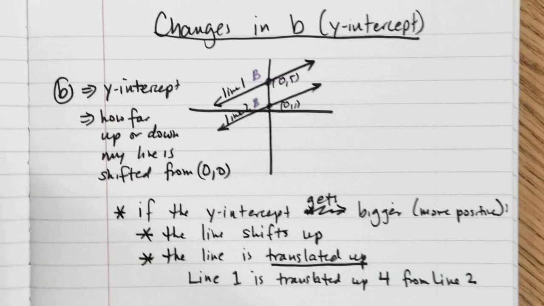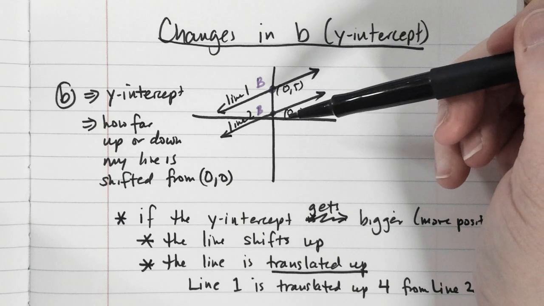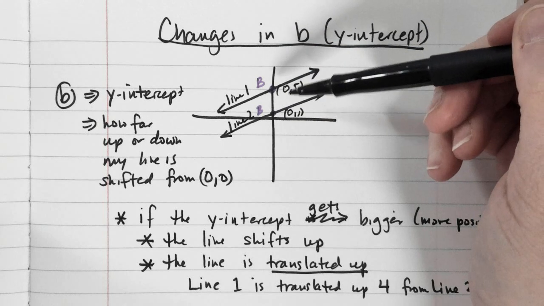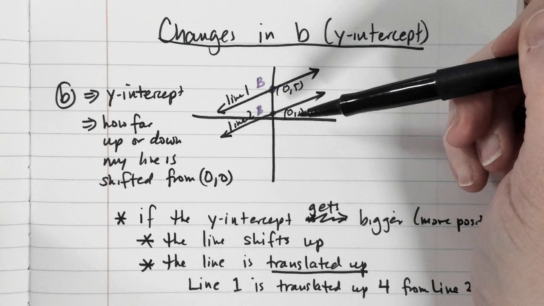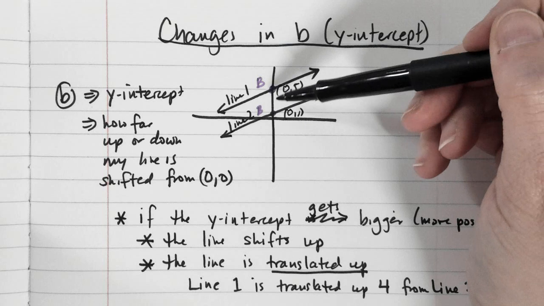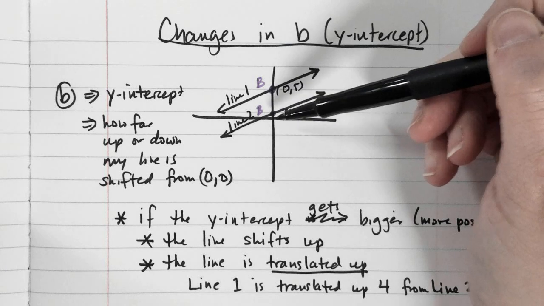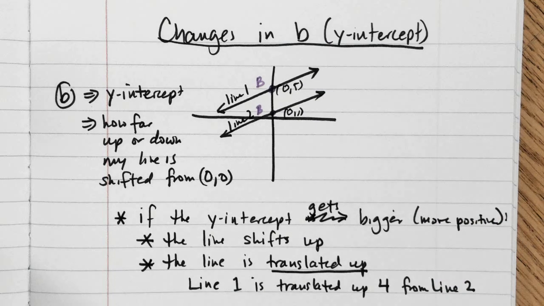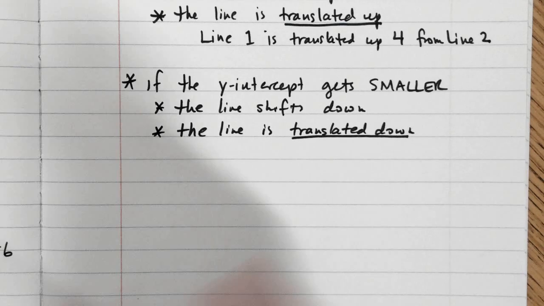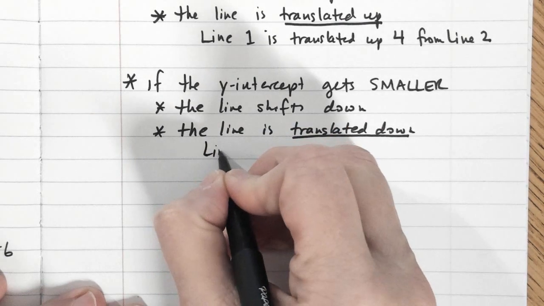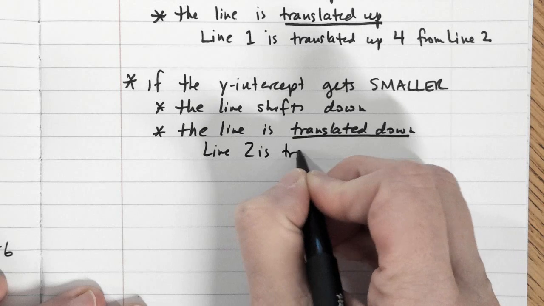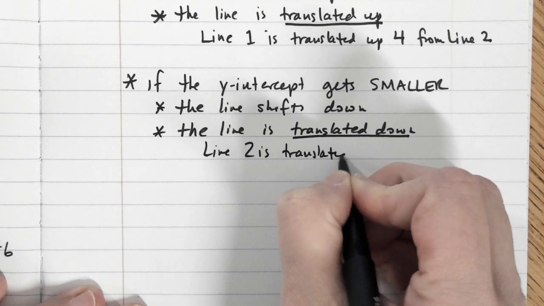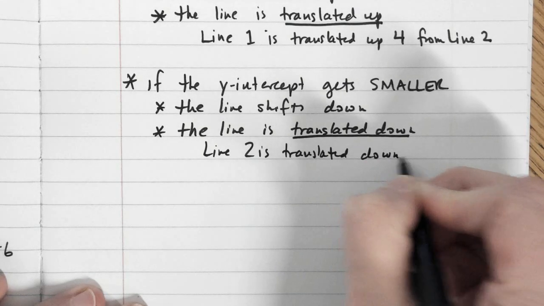And if I look at this picture again, if I want to see how much it's translated down, line 2 is translated down 4 because 5 minus 1 is 4. So it took 4 hops down to go from line 1 to line 2. So I could write that. Line 2 is translated down 4 from line 1.